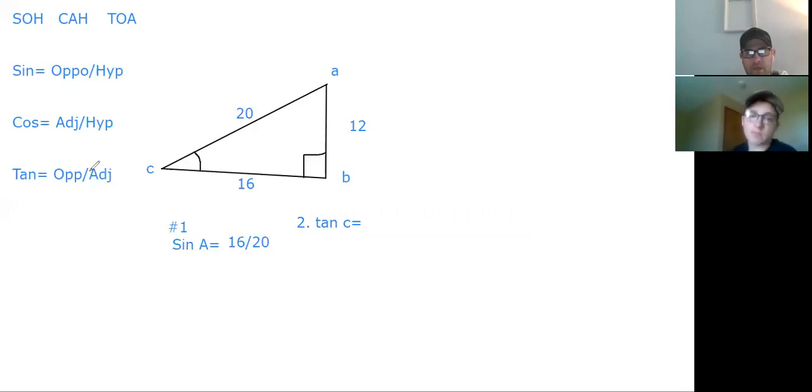Opposite would be, if I swam across, 12, over adjacent is 16, because 20 is the biggest one, so that's always hypotenuse. So I could literally just say 12 over 16. That's it.